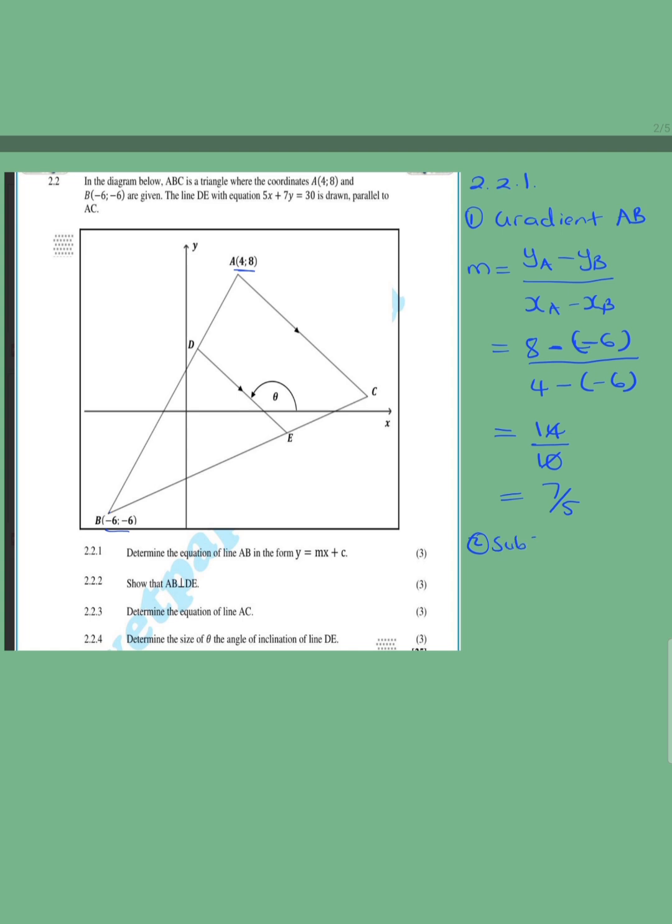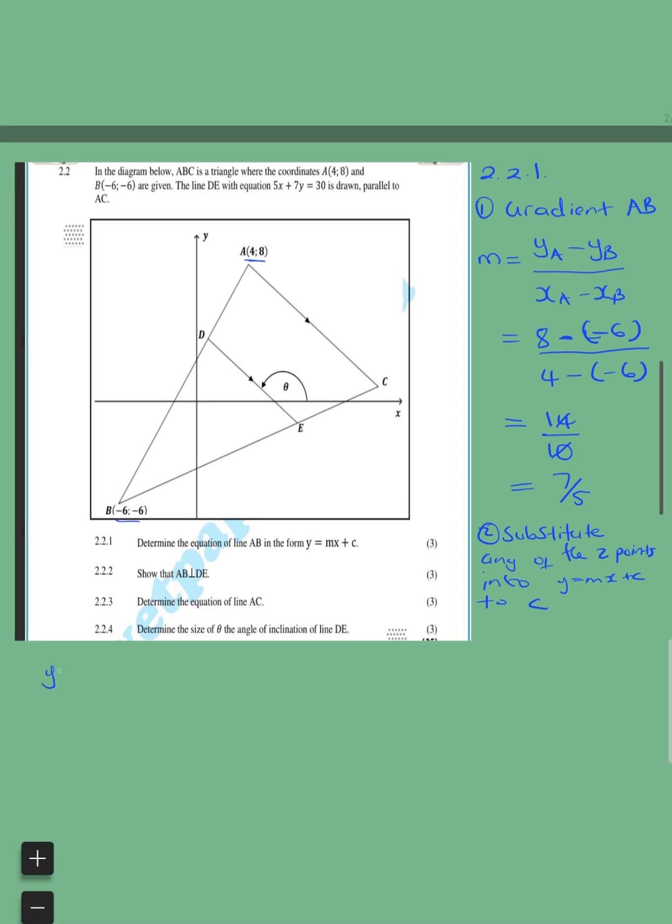What do we do now? Now we're going to substitute any of the 2 points into y equals mx plus c to find c. We have found m to be 7 over 5, so y equals 7 over 5 x plus c. Now we choose, are we substituting this one or this one? I like a because it has no negative, so I'm going to substitute a.